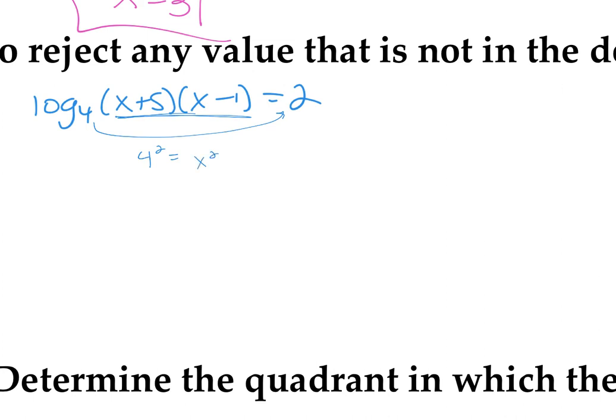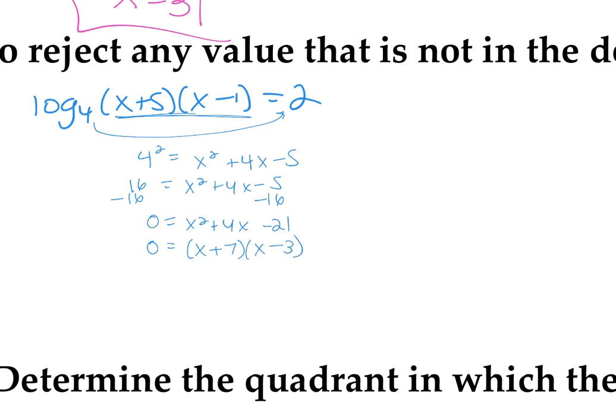X squared, it would end up being x squared plus 4x minus 5. 16 equals x squared plus 4x minus 5. Move the 16 over to the side with the 5. Factors of -21 that sum to +4 would be x plus 7, x minus 3. Set them each equal to 0. X equals -7 and x equals 3.